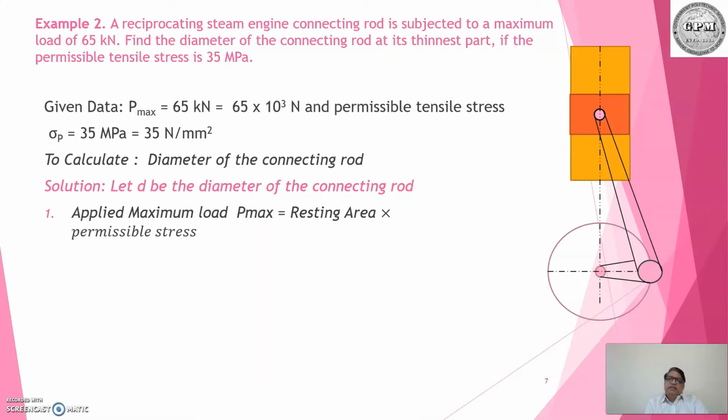Solution. Let D be the diameter of the connecting rod. The applied maximum load, that is P maximum, is equal to the resisting area multiplied by the principal stress. So actually, if you consider this mechanism, when will you get the maximum stress, the maximum pressure?